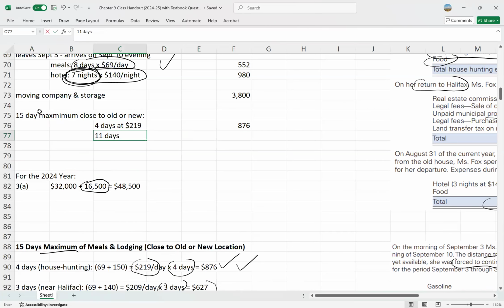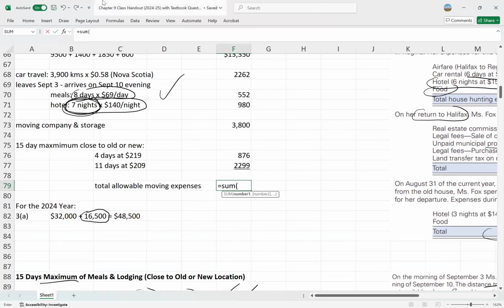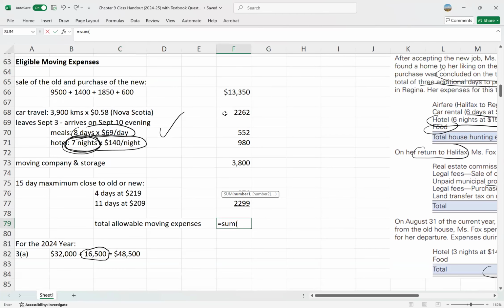And then we're going to have 11 days at 209, and that's going to be 2,299. And then we can basically just add this up. This would be the total allowable moving expenses that she could claim. Well, it's going to be 24,119. Any questions about the total, first of all?